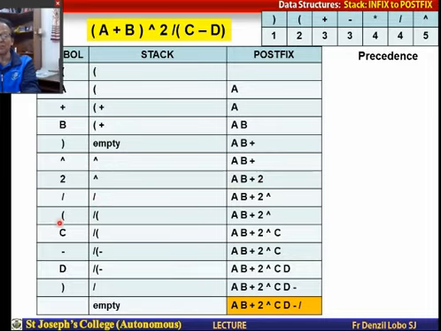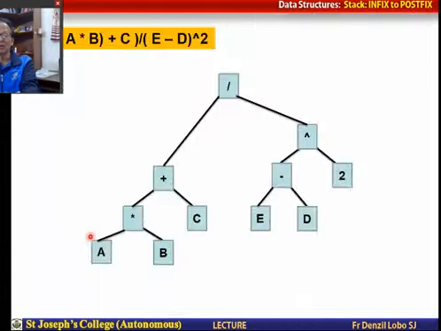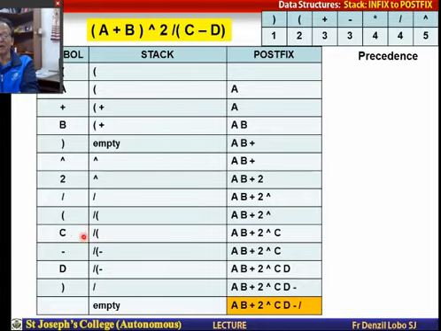Similarly, now I get a left parenthesis, and naturally the left parenthesis always goes onto the stack. Then we come to operand C, which goes onto the postfix. Then I come to minus, which goes onto the stack, and then D goes onto the postfix expression.